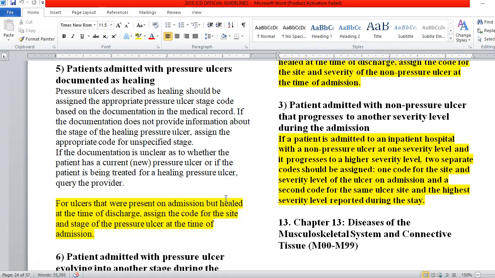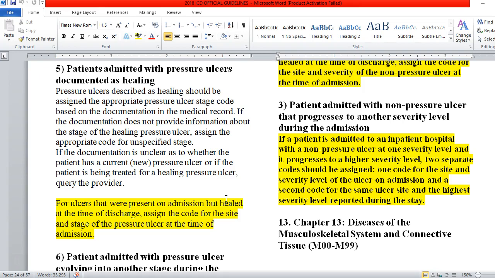So if they're still in process, pressure ulcers described as healing should be assigned the appropriate pressure ulcer stage code based on the documentation in the medical record. If the documentation does not provide information about the stage of the healing pressure ulcer, assign the appropriate code for unspecified stage. If the documentation is unclear as to whether the patient has a current or new pressure ulcer, or if the patient is being treated for a healing pressure ulcer, query that provider.